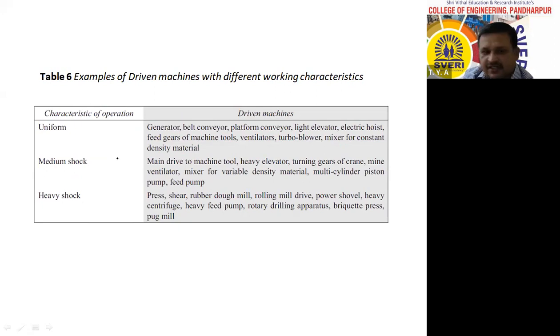Then medium shock: main drive to machine tool, heavy elevator, turning gears of train, mine ventilator, mixer for variable density material, multi-cylinder piston pump, then feed pump. Then heavy shock: press, shear, rubber, dough mill, rolling mill drive, power shovel, heavy centrifuge, heavy feed pump, rotary drilling apparatus, briquette press, pug mill. This table 6 indicates examples of driven machines.